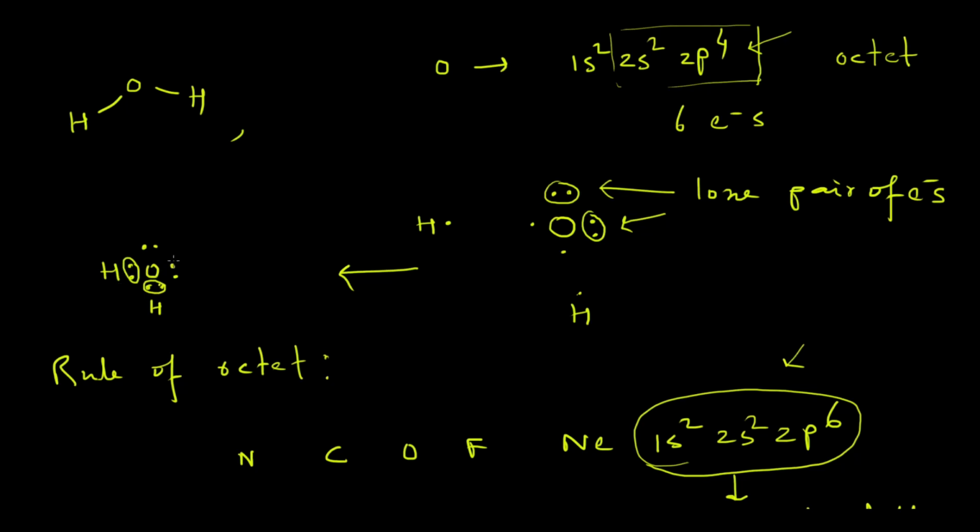So oxygen is sharing 8 electrons in its valence shell. 6 electrons are its own electrons and 2 electrons are coming from the 2 hydrogen atoms, and thereby it has control over 8 electrons now. That's why it attained the octet configuration, and the stability of the water molecule is very high due to this electronic configuration.